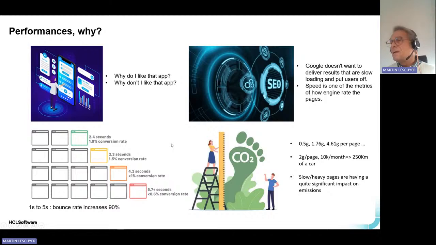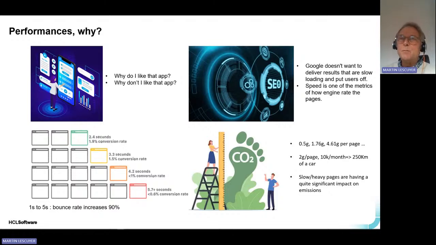And the very last thing is about the carbon footprint. Now we are far away from thinking that the internet is free regarding carbon emissions. It's not free. There are lots of applications on the web that give you numbers about how much carbon dioxide your page is emitting. It is obvious that heavy pages, slow pages, have a significant impact.